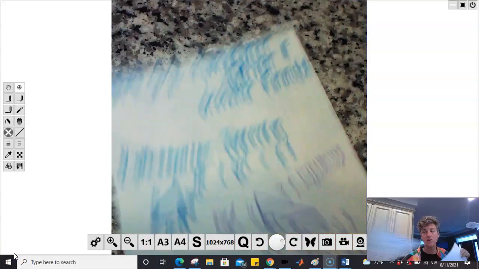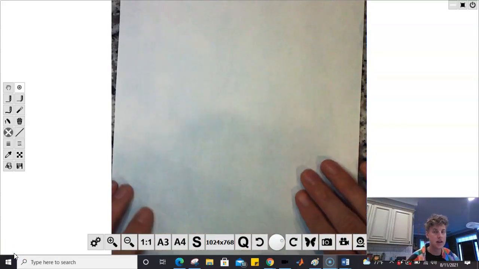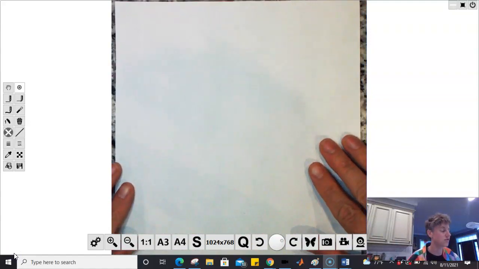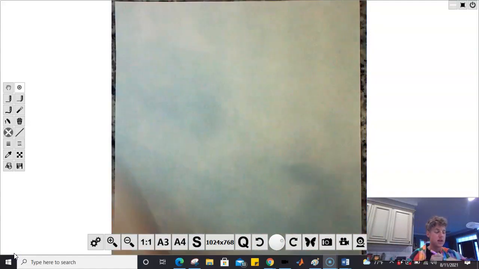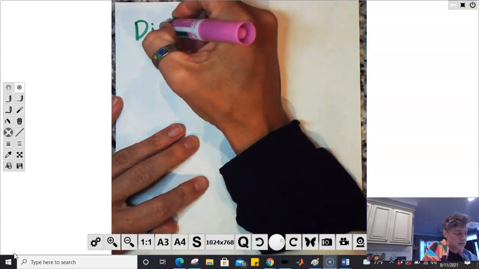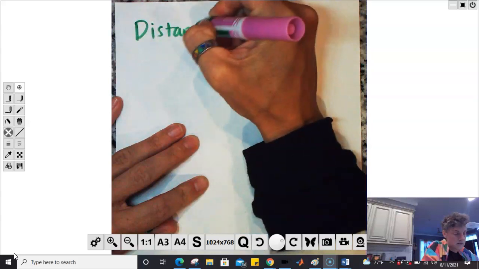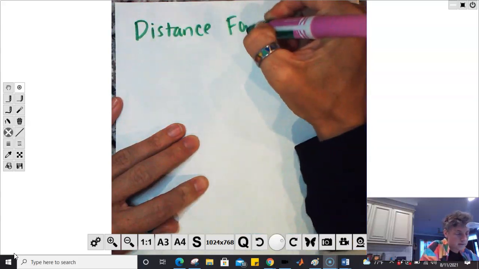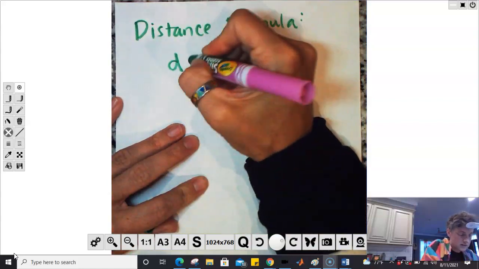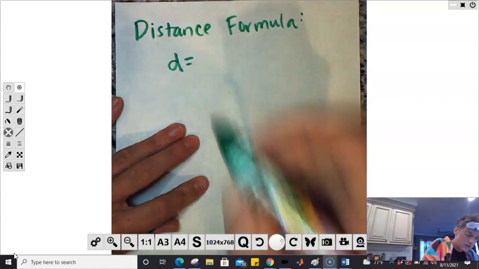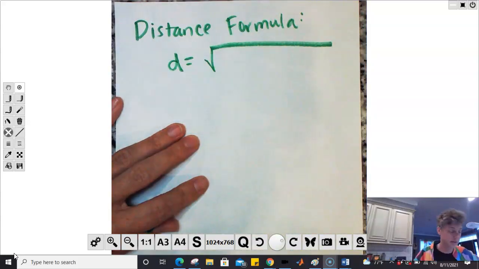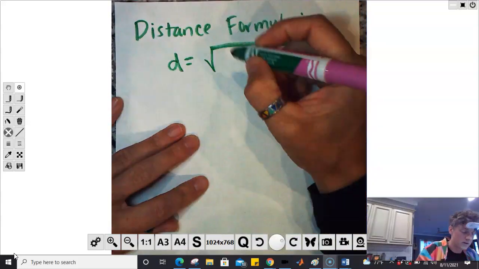Now, let's take a look at the distance formula. I need a new page because I wrote so giant, took up all my space. Distance formula. The distance formula is D is equal to the square root of, draw a long square root because it's a long bit of information here.